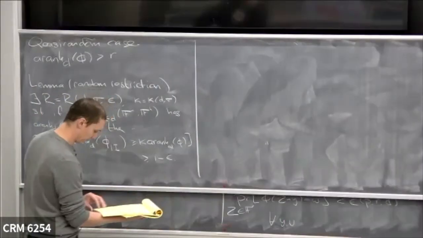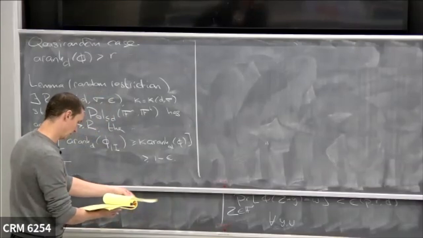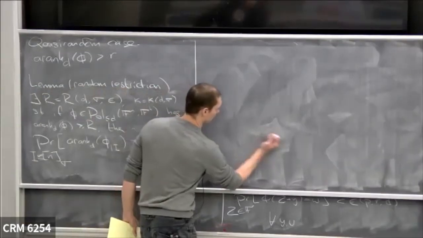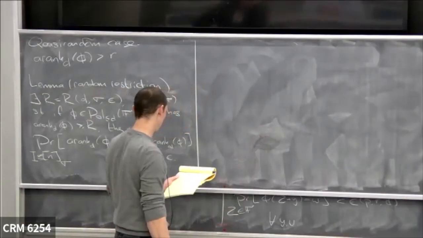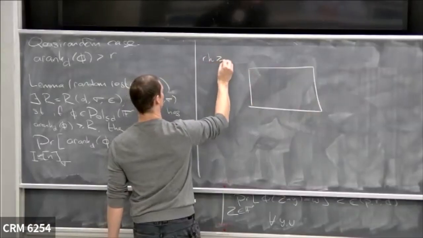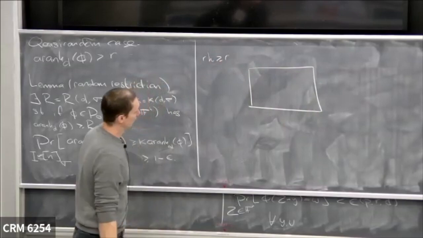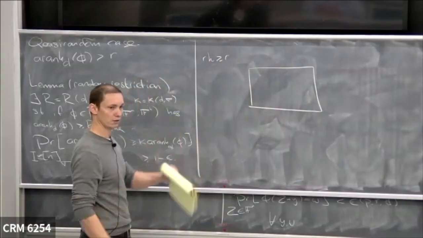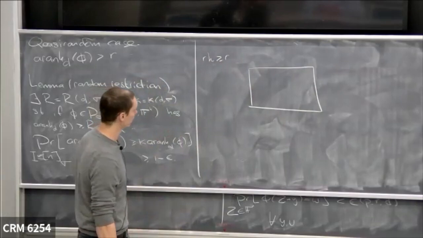So there's a natural way in which you might hope to prove this random restriction lemma, inspired by the way you might prove it for matrices. Suppose that you have a matrix whose rank is at least R. What you might want to show is that a random restriction of this matrix will still have a big rank. But that's the case, right?